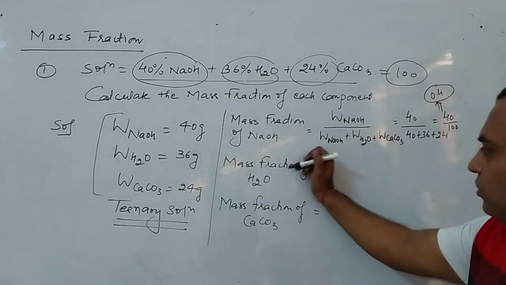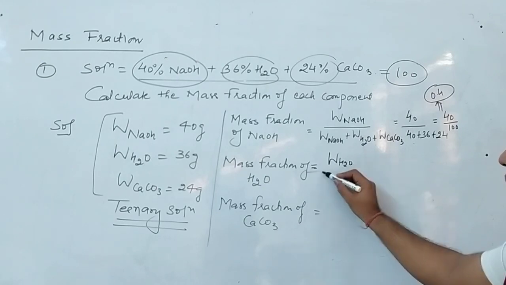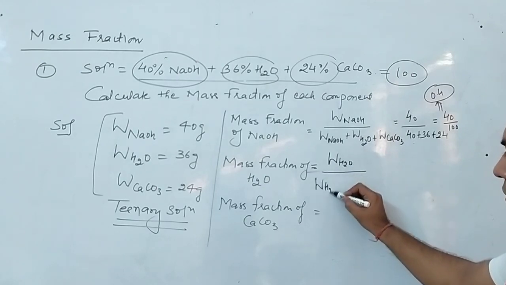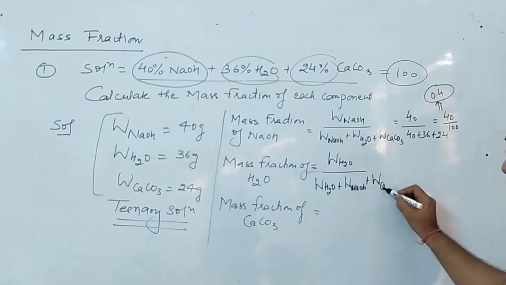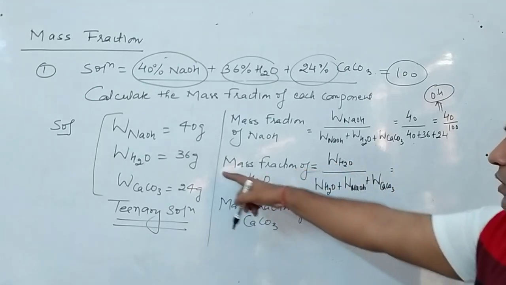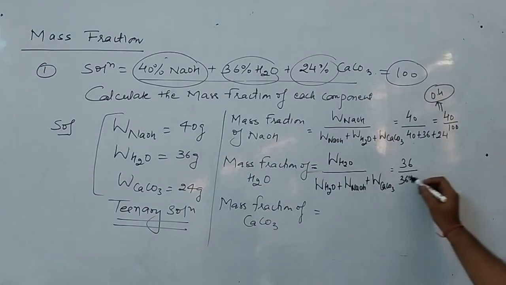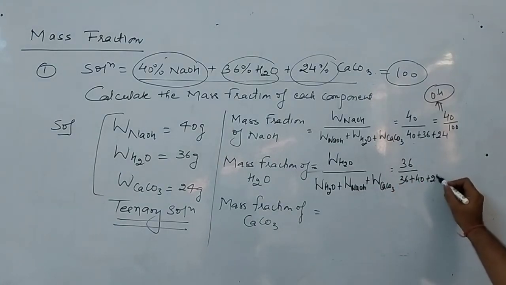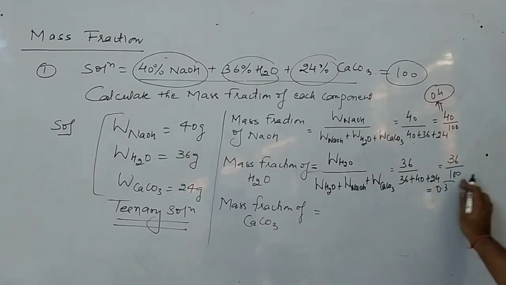Similarly, we calculate mass fraction of water. The formula is mass of water divided by mass of water plus mass of NaOH plus mass of CaCO3. Now mass of water is 36, plus mass of NaOH 40 plus CaCO3 24. So this will be 36 upon 100, which comes out to be 0.36. Understand?